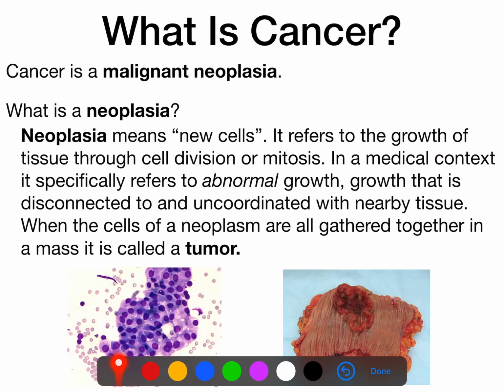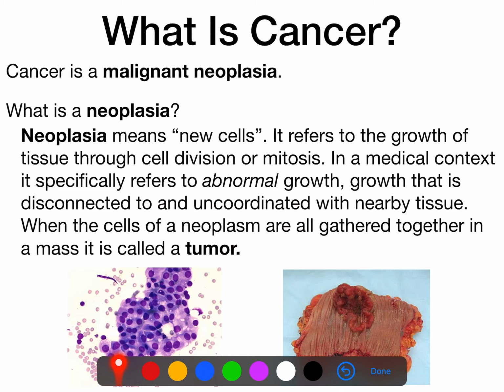This abnormal growth is disconnected and uncoordinated with nearby tissue, due, among other reasons, to the reasons that I talked about in the last video. A neoplasm is a group of new cells.